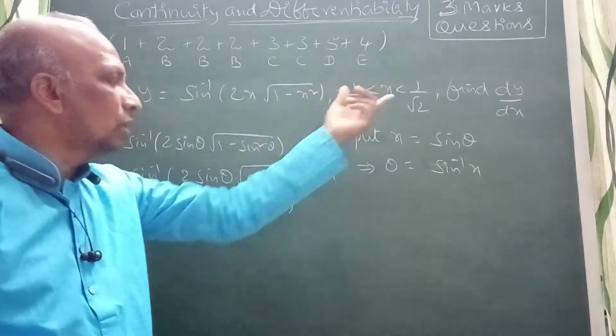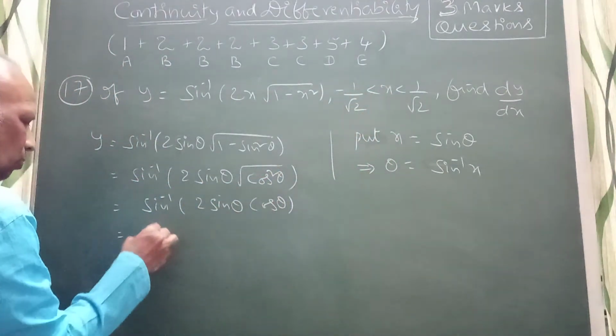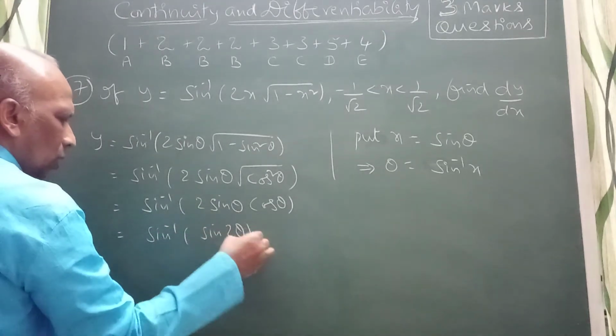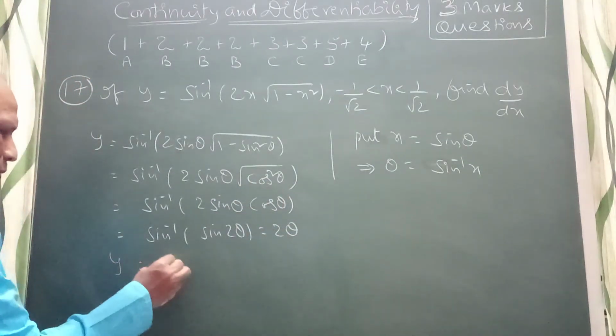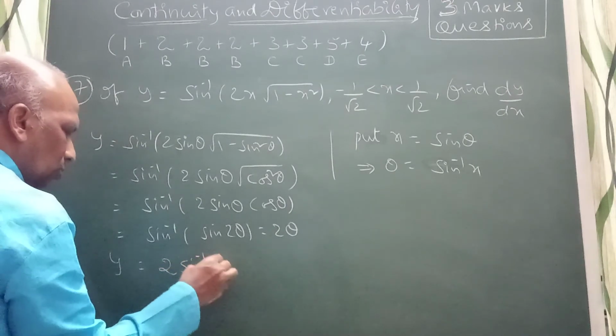This is how we get cos theta. This will be sin 2 theta. Sin inverse of sin 2 theta, so this will become 2 theta, right? Y is equal to 2 into theta, that means 2 sin inverse x.